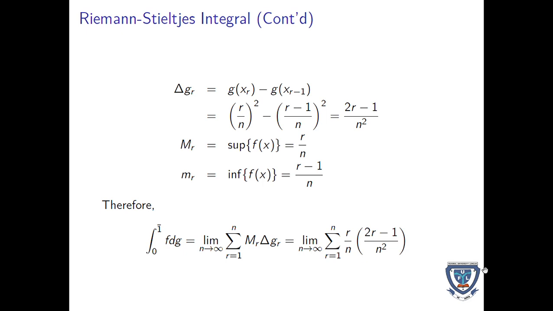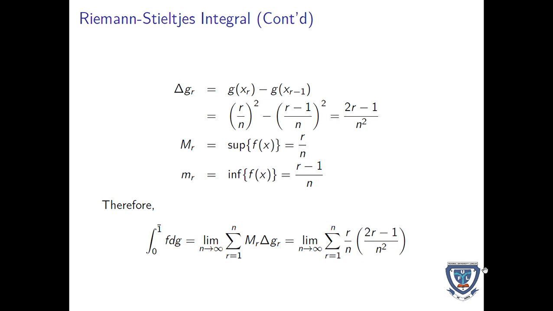The infimum, the small letter m_r, will give us (r minus 1) over n. Remember, in every interval, from (r minus 1) over n to r over n, there is an infimum and a supremum. That is how we arrive at those supremums and infimums.